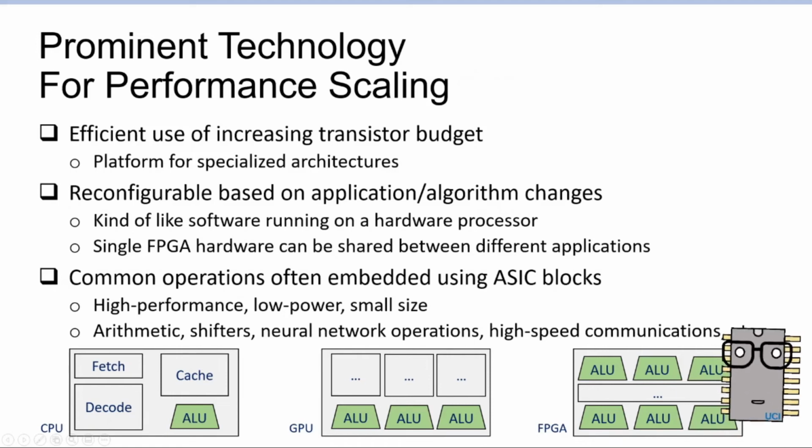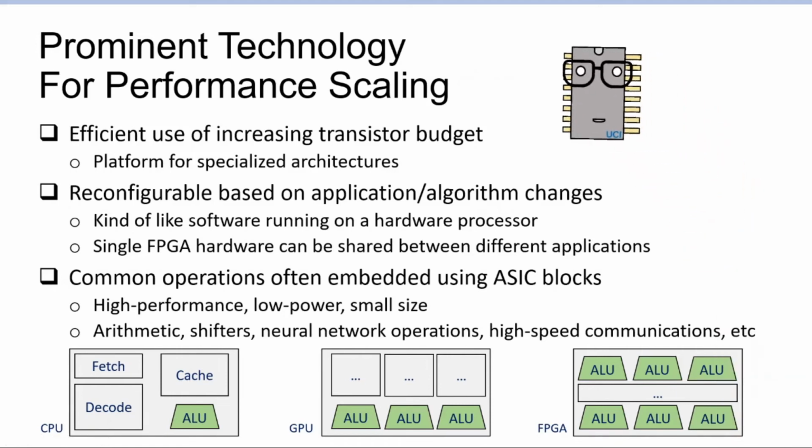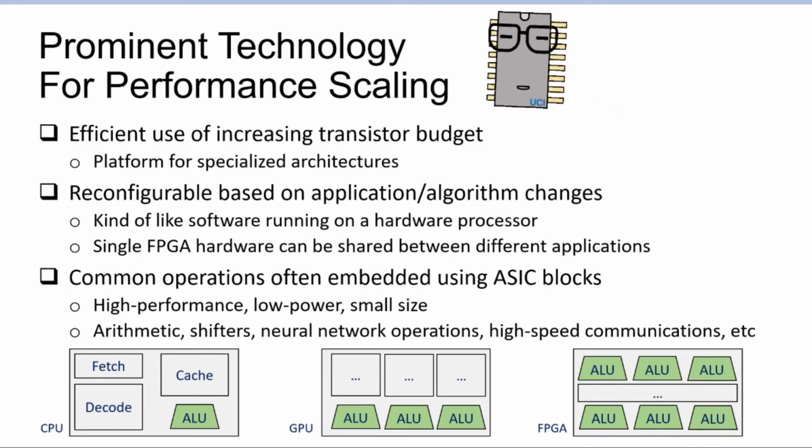The bottom line is that FPGAs are a prominent technology for performance scaling beyond the end of performance scaling of general purpose computation units. CPUs and GPUs will eventually hit a wall. FPGAs will also eventually hit a wall, just like it was mentioned in one of the papers in the Accelerator lecture we had a couple of weeks ago.